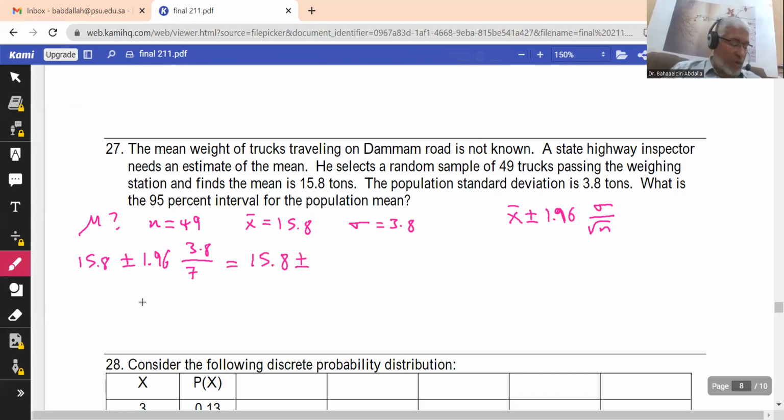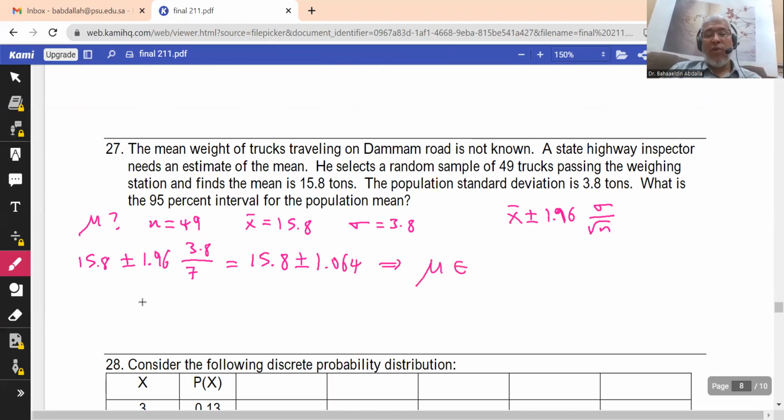If I multiply 1.96 times 3.8 over 7, I get 1.064.